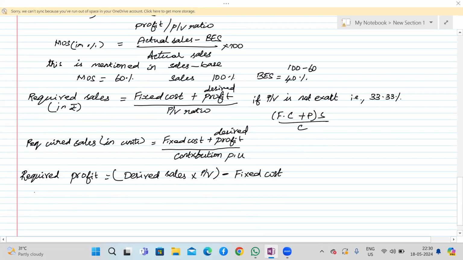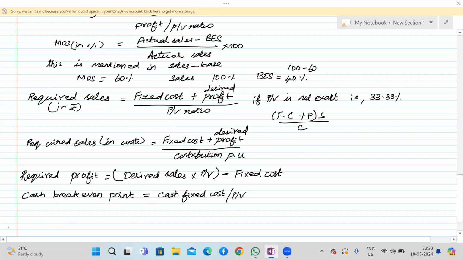Here I have another concept called cash break-even point. In break-even point, we are using total fixed cost, which is inclusive of non-cash items also. If I want to calculate the cash break-even point, I want to use cash fixed cost divided by PV ratio.